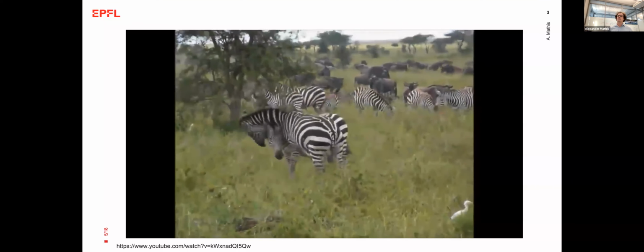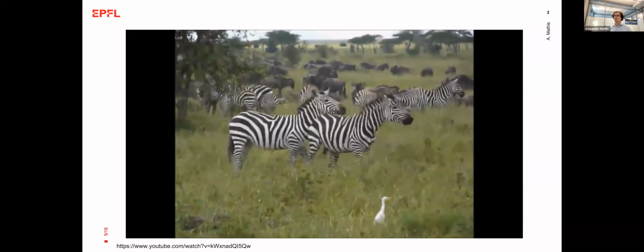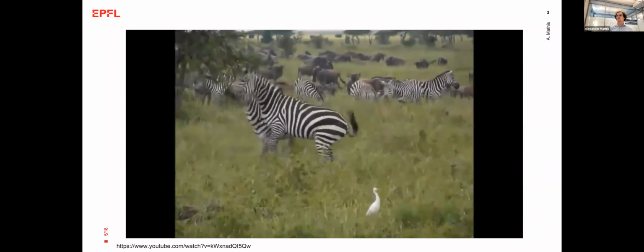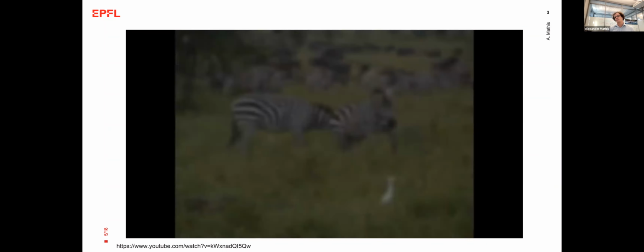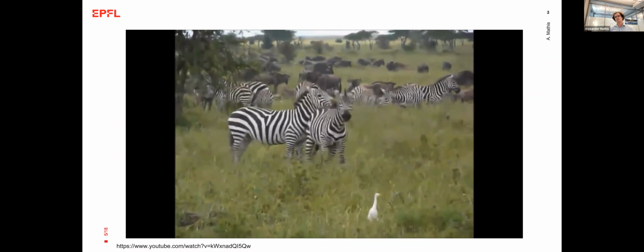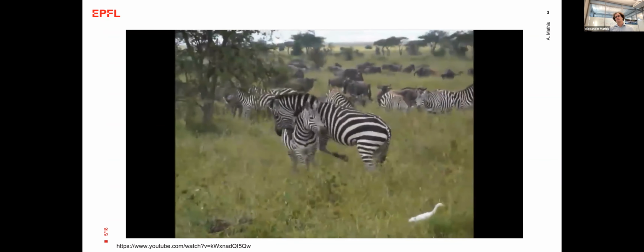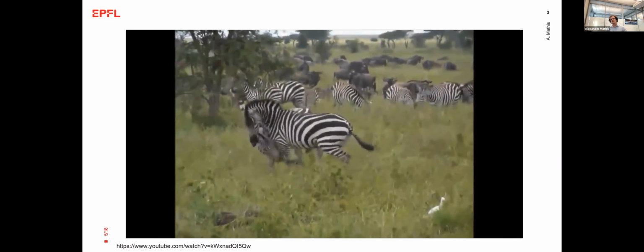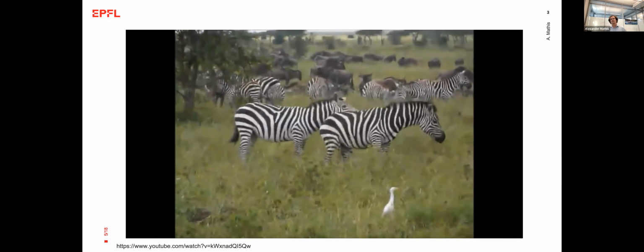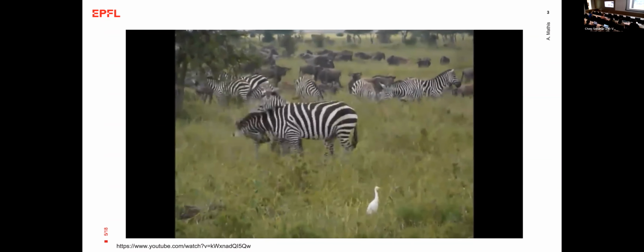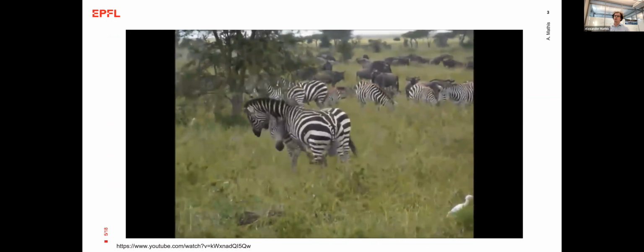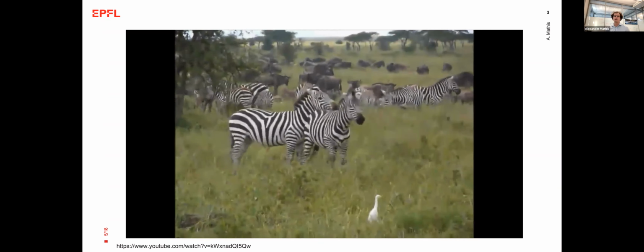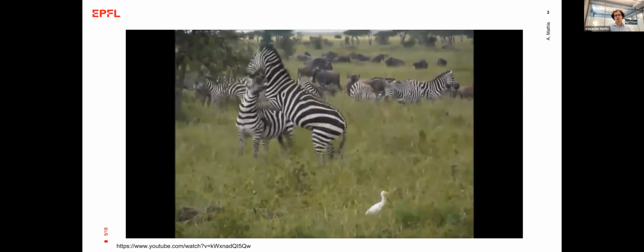For us as humans with our exquisite primate visual system, it is quite easy to see a lot of information in these videos and to infer the states of these 2 animals and what they're doing. But we should keep in mind that videos are extremely high dimensional, and training a machine to extract the essence of what is happening between these 2 zebras is a really hard problem.